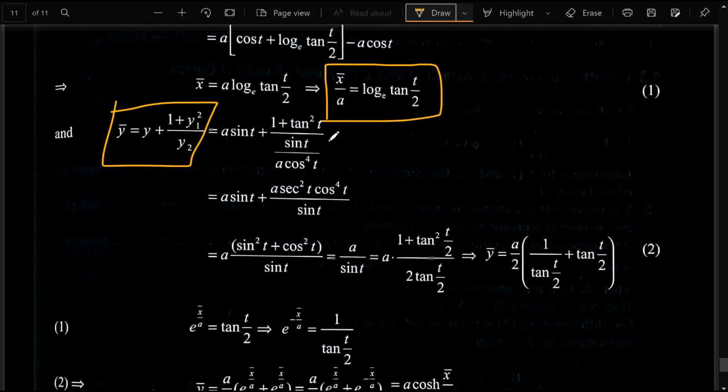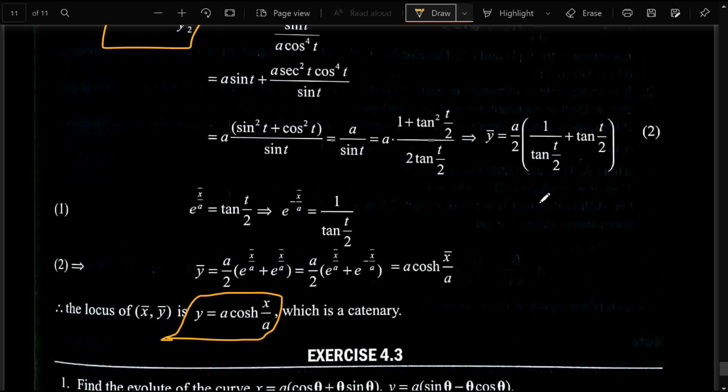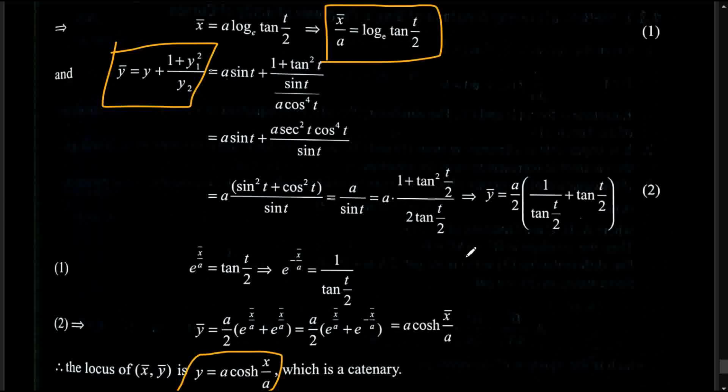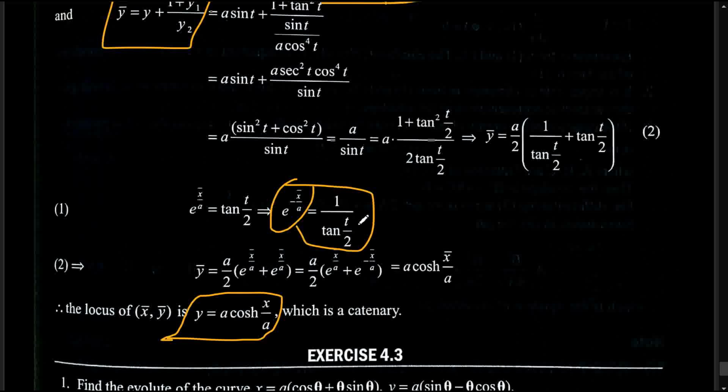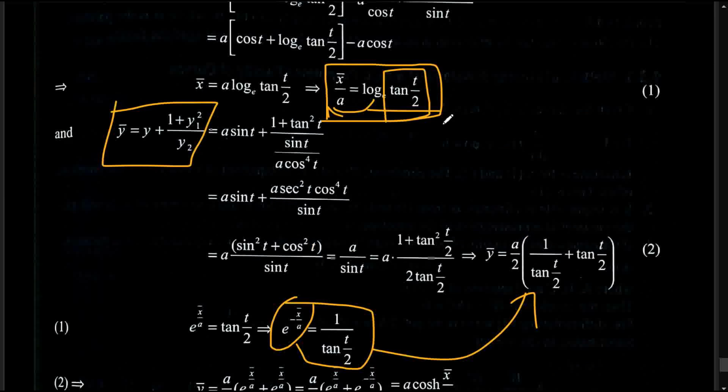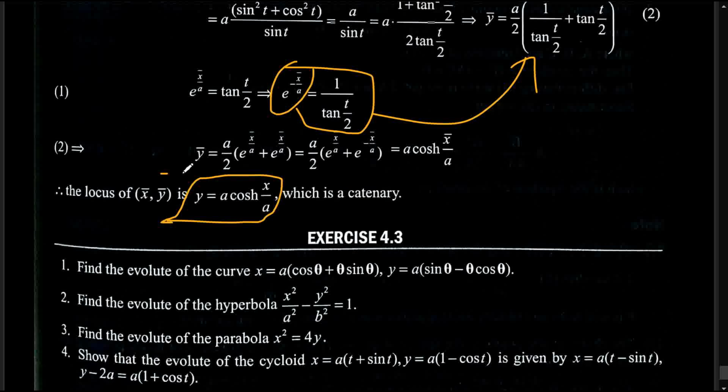So here some cool stuff happened. What they actually did is there is log tan t by 2. They brought the log to this side to get e to the power. So from these, they substituted 1 by tan t in this equation. So they finally got it.